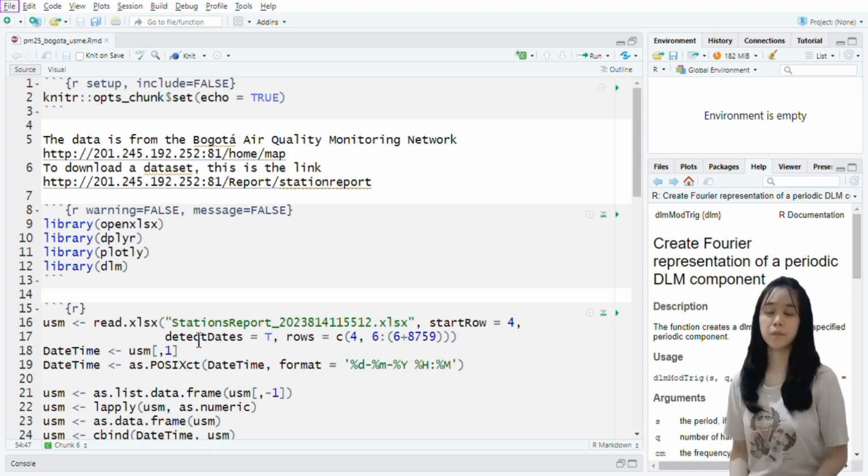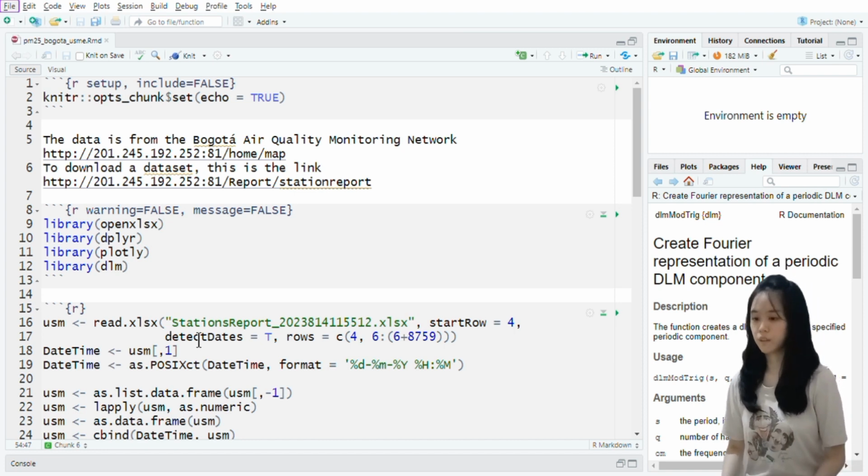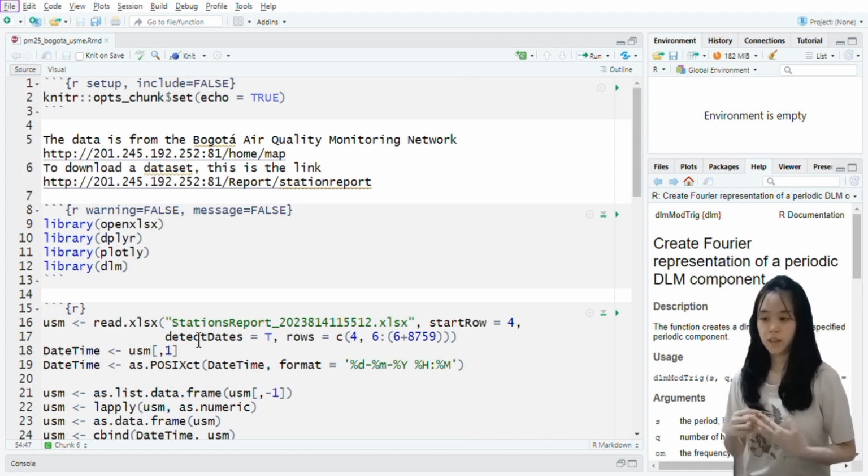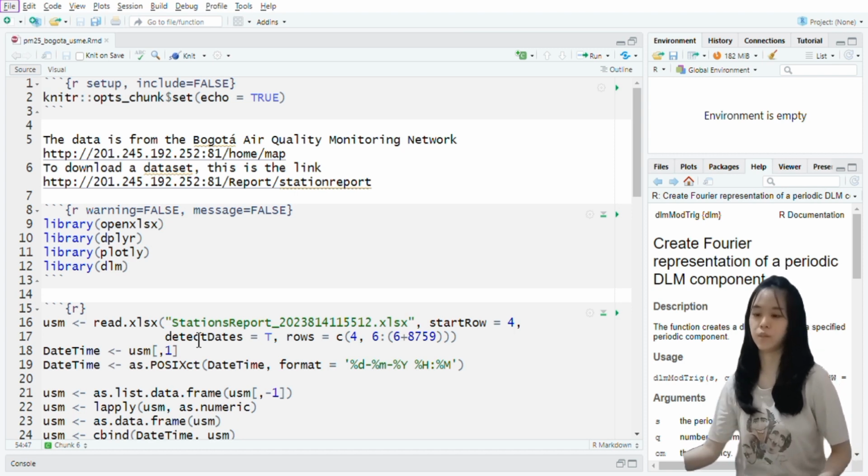In Bogota, the capital city of Colombia, there is an organization called RMCAB. This organization spreads out sensors throughout Bogota to collect data about PM 2.5 and other pollutants. And we're going to take the PM 2.5 time series data from this organization for today's video.